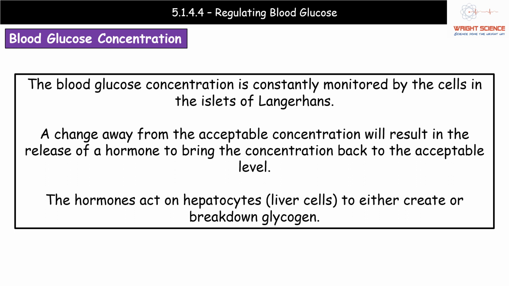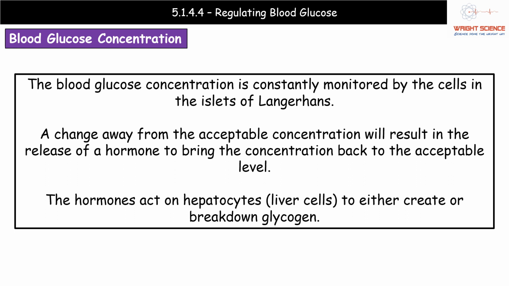And if we see a change away from that acceptable concentration, then a hormone is going to be released to then bring that concentration back to the acceptable level. And hopefully we're thinking, oh, that sounds familiar. And it should, because it's negative feedback.